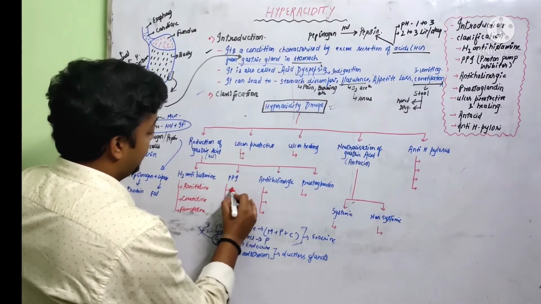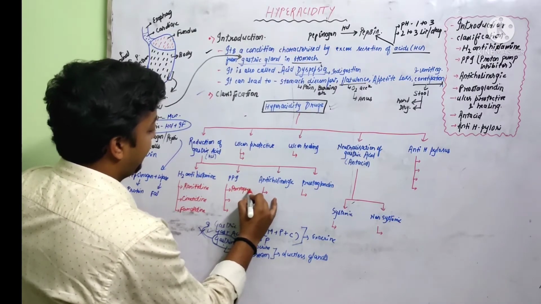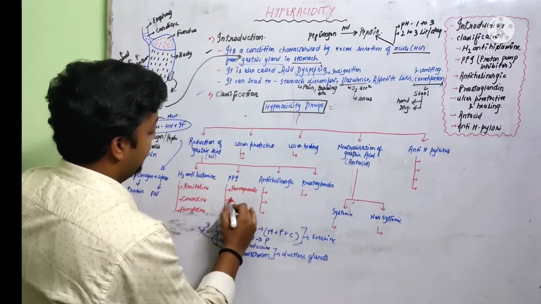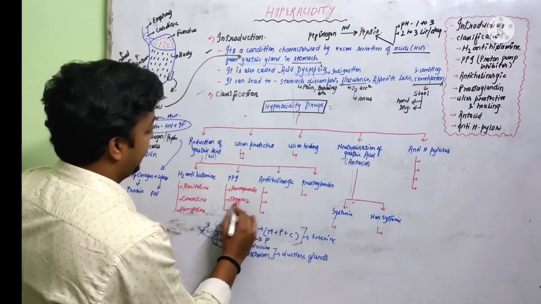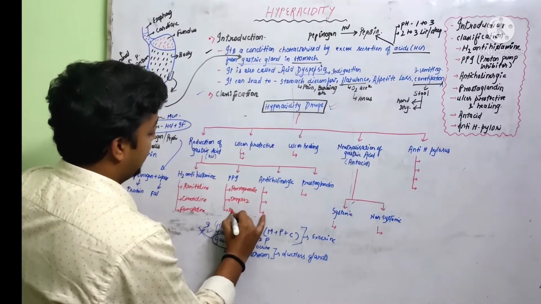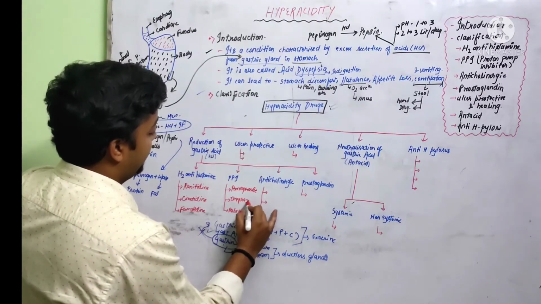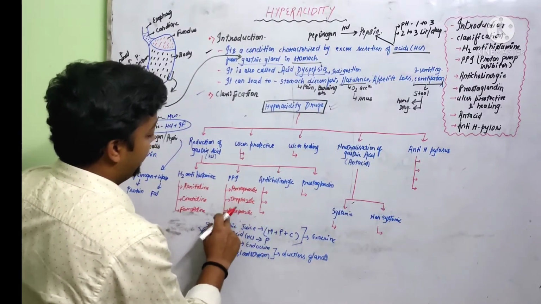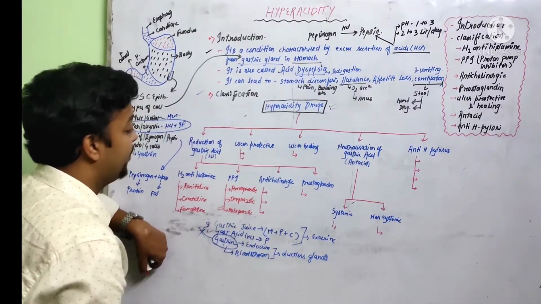The first is the pantoprazole, right? Then we have the omeprazole, and then we have the rabiprazole. And I did tell you that the rabiprazole is more efficient than pantoprazole and omeprazole. Yes, rabiprazole. Okay.